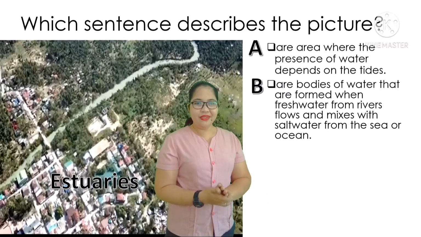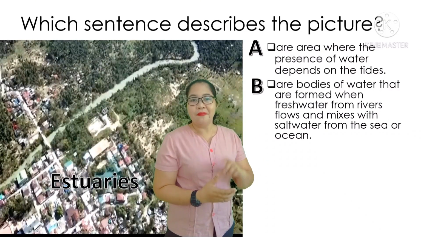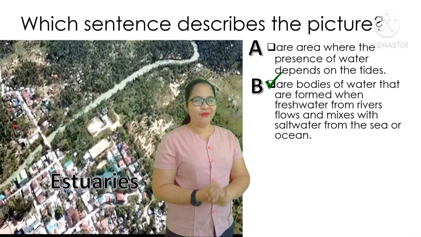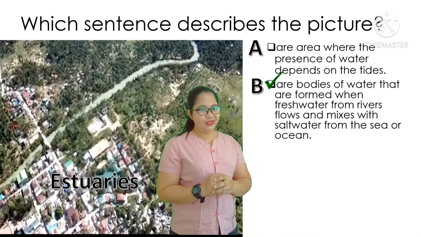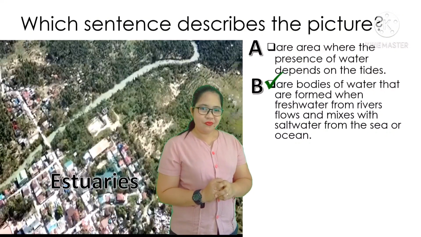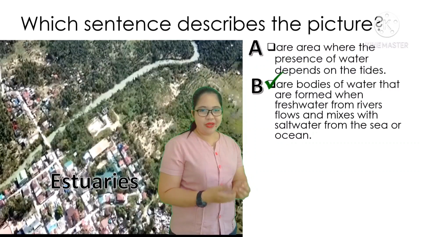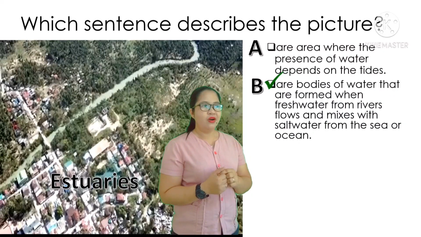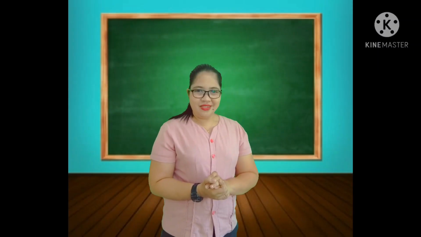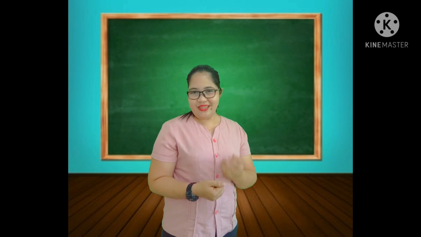The correct answer is letter B. Very good. Estuaries are bodies of water that are formed when fresh water from rivers flows and mixes with water from the sea or ocean. It seems that you really understand our previous lesson.